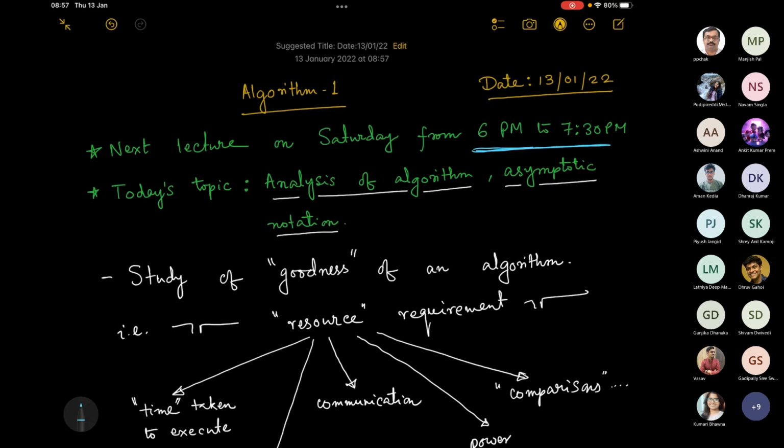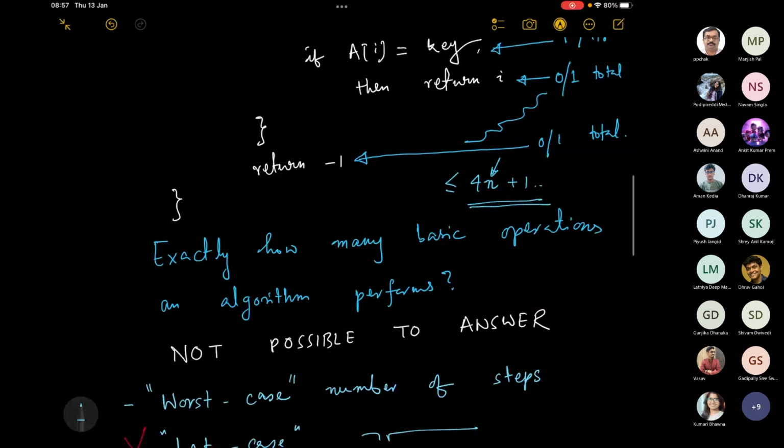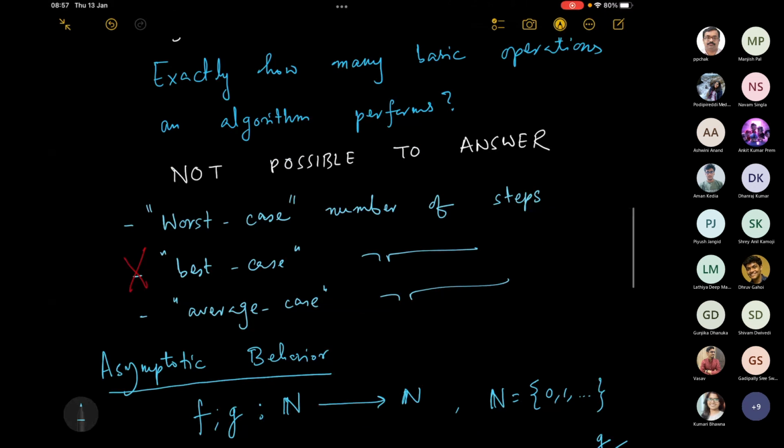Sir, for the worst case, we are getting the maximum time. Correct, but we want this to compare two algorithms. For both algorithms we are getting maximum time, and you're right that it may be possible that one algorithm almost always does better than the other, but only once or twice it takes so long.